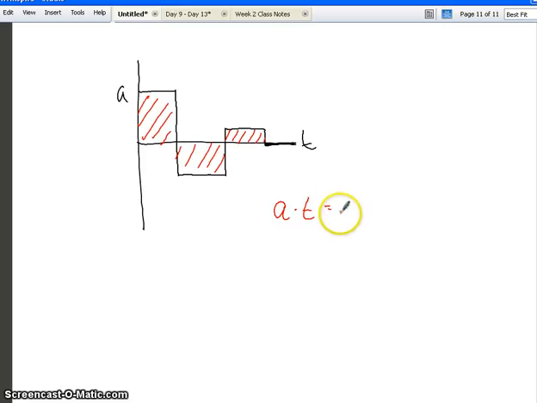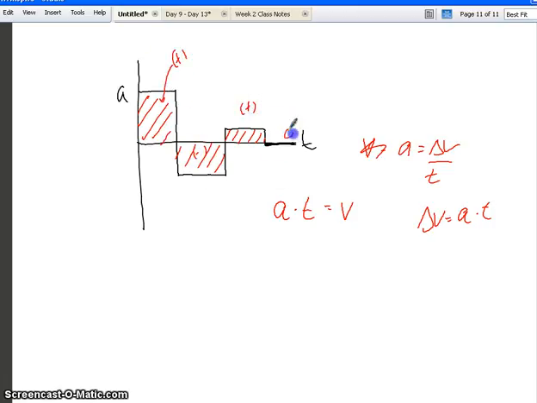That is equal to the average velocity, because acceleration is equal to the change in velocity over time. So the change in velocity, or the average velocity, is equal to acceleration times time. So the area under an acceleration time graph is equal to the average velocity. And it's the same thing here where you would have positive numbers, negative numbers, positive numbers, and obviously there's zero because that's just zero right there.